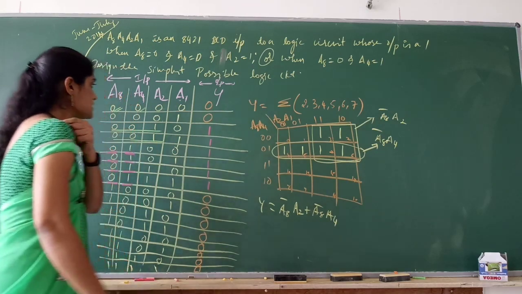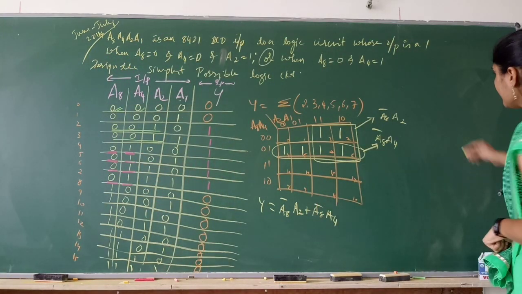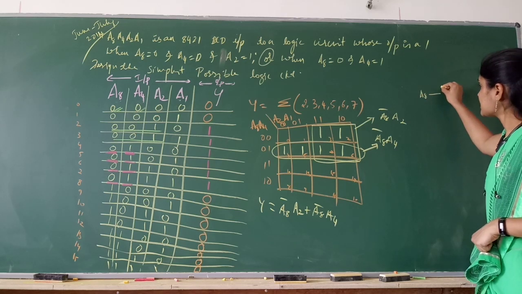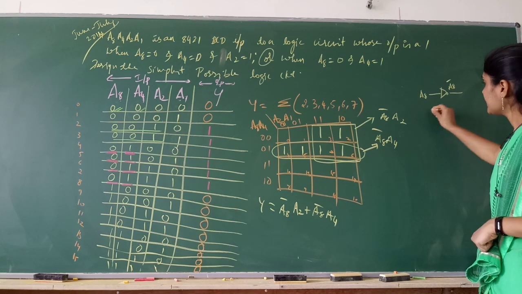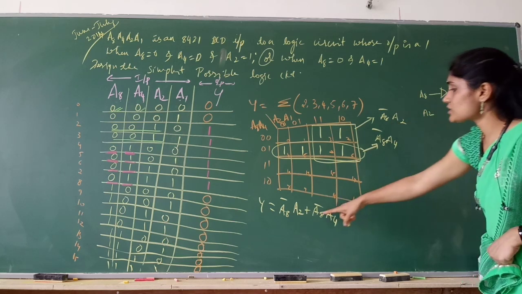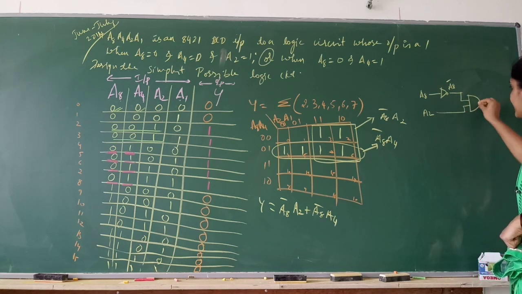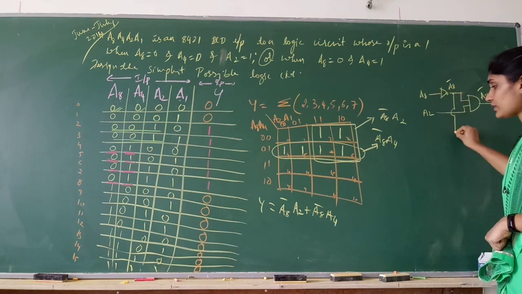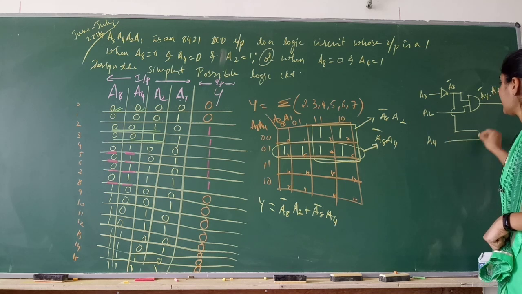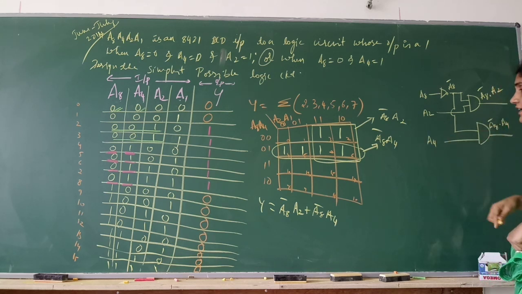Now how do you write the logic circuit? The logic circuit can be written like this. Inputs are what? A8 bar. So for A8 bar, you have to go for a NOT gate. Then A2. So for the first term, A8 bar A2, what is the gate you will use? AND gate, because it is A8 bar and A2. Then A8 bar A4, another AND gate.